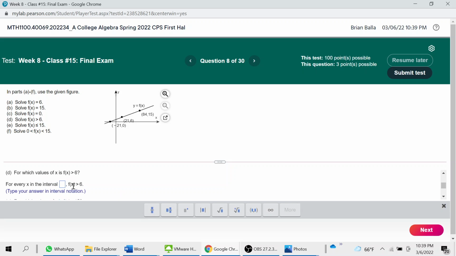For which values is f of x greater than 6? F of x greater than 6 is for every x, 21 to infinity. Okay, perfect. And less than 15 is negative infinity to 84.